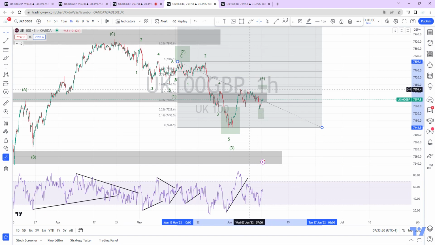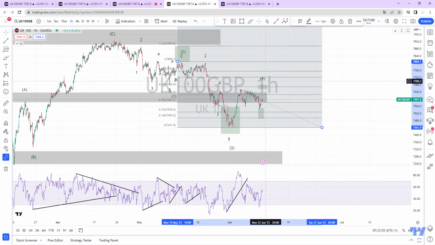Maybe we can make one more marginal new high, but we cannot retrace more to somewhere this area, because that would mean that it is not a wave 4 anymore. So this is something to consider. If we really start to push up from here, then I have to reconsider my count.